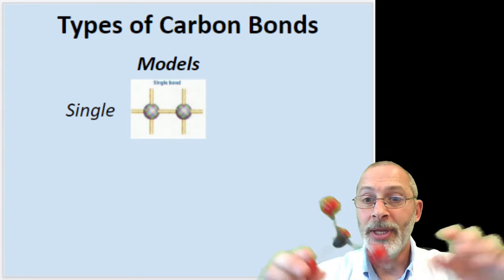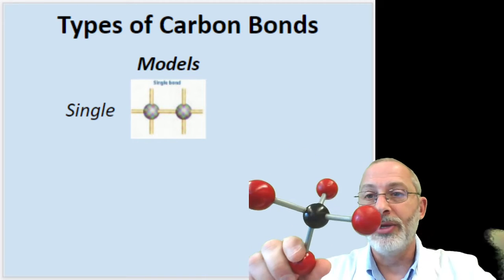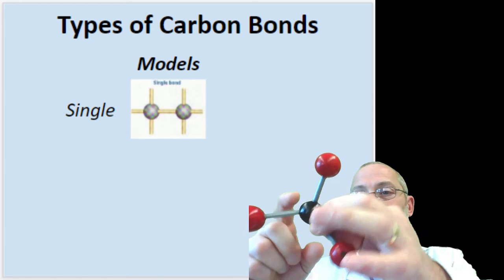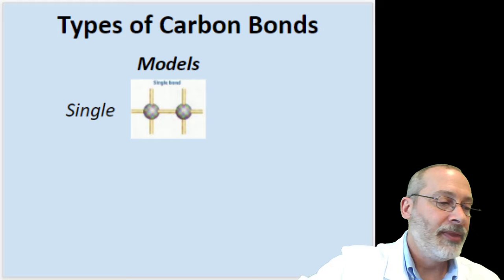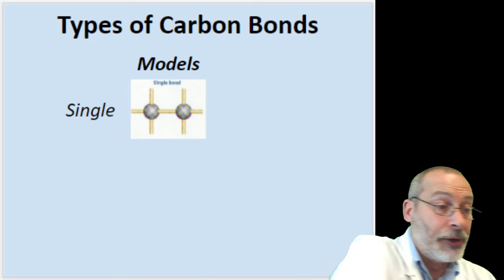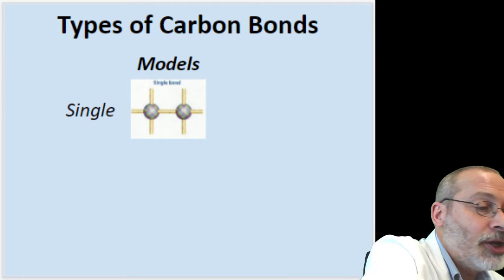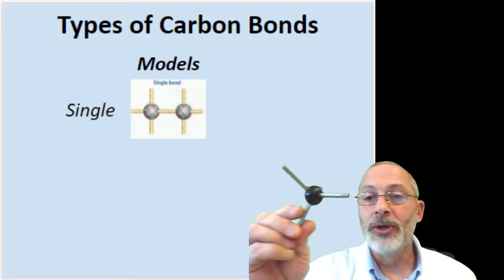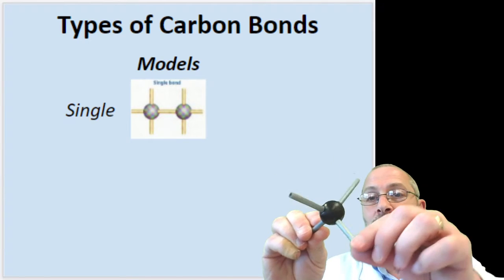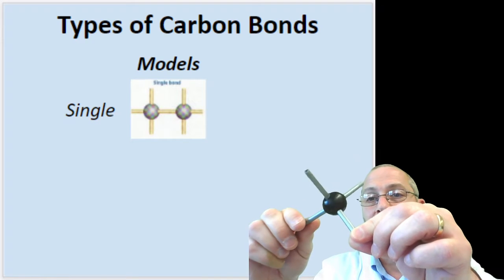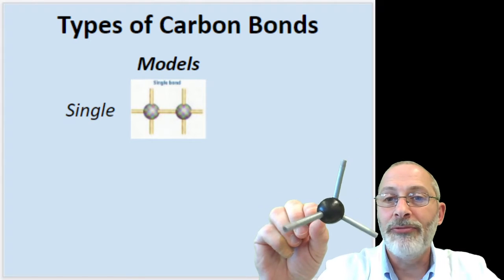I'm going to show you a simple model here made with this black sphere in the middle. We're going to pretend for a moment that the black sphere is a carbon atom. So here we have a single carbon atom, and you'll notice there are 4 sticks coming out from this carbon atom. Well, what do they represent?